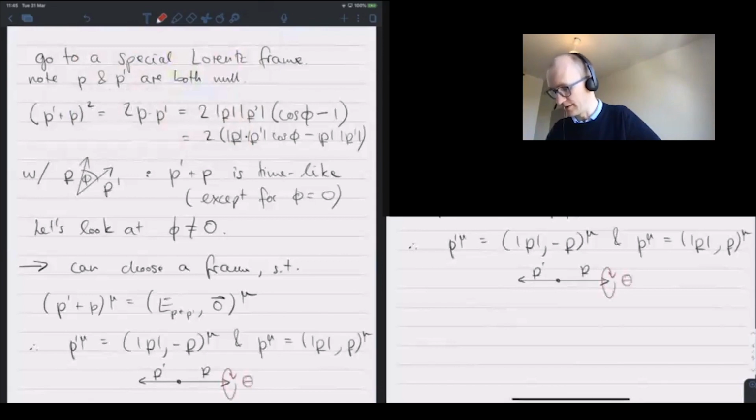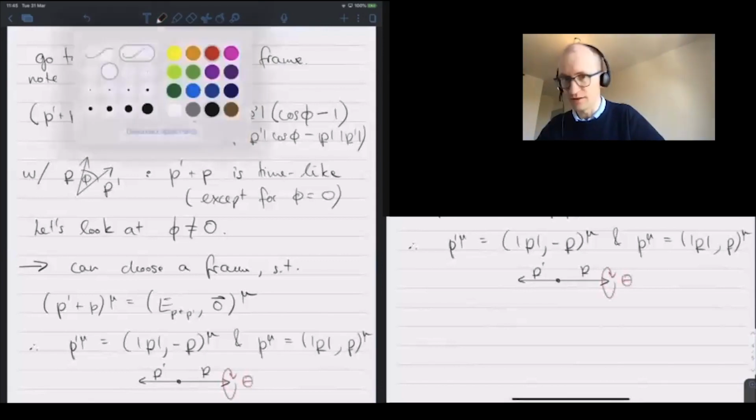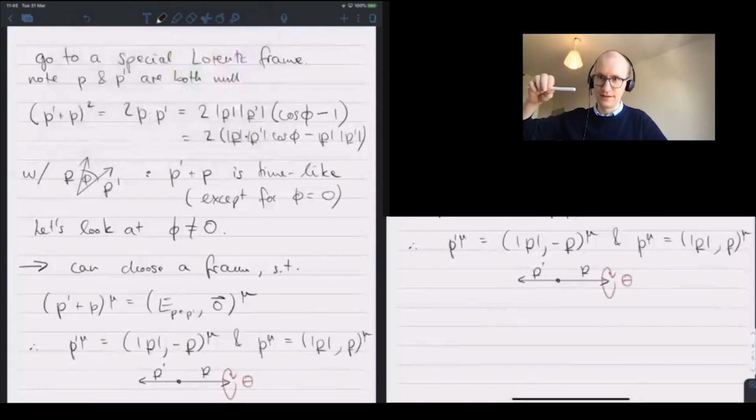I'm calling the angle around this axis of the momentum theta. What is nice about this rotation is that it leaves the momenta invariant, because it doesn't matter whether they're plus or minus: if I turn around this axis, I don't change the momentum. So let's do that.